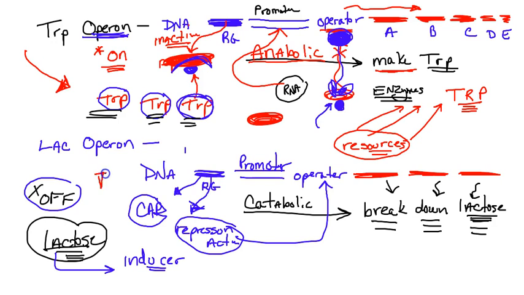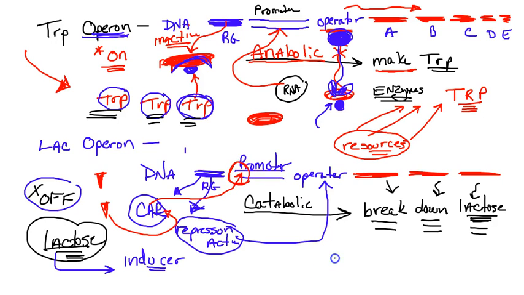One of those metabolites is called cyclic AMP, or cyclic adenosine monophosphate, that when it builds up, it will bind with the CAP protein, activate its shape, and the CAP protein will bind itself to the promoter region.